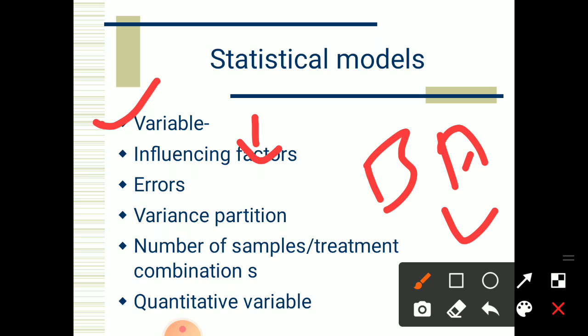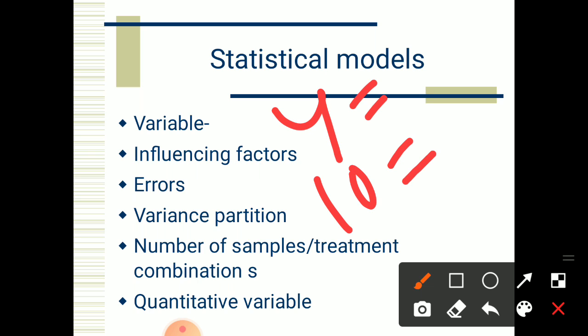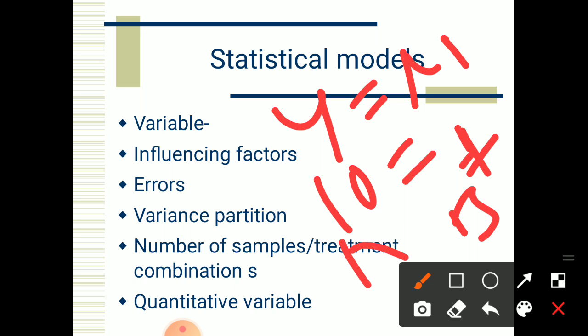If I want to put it in the form of equations, it can be put in the form of equations also. That is, 10 liters of milk production is influenced by, so there it will be y is equal to mu, first one is mu, plus the factors, other factors like, as I just told you, breed is one of the factors, age can also be another factor, plus other factors and exception.